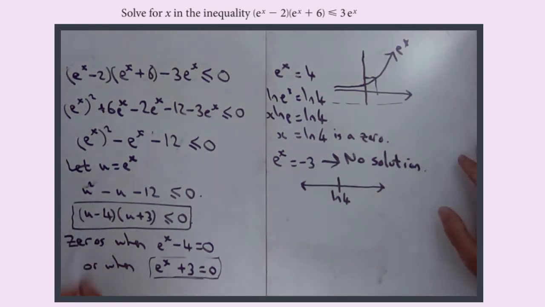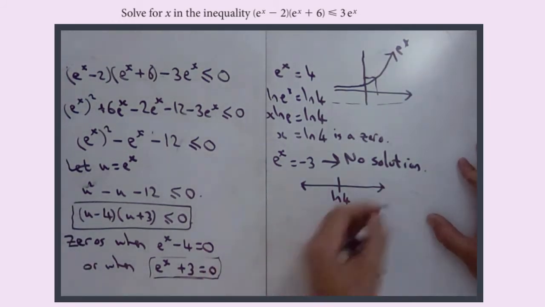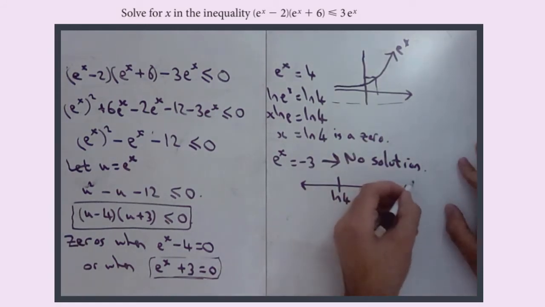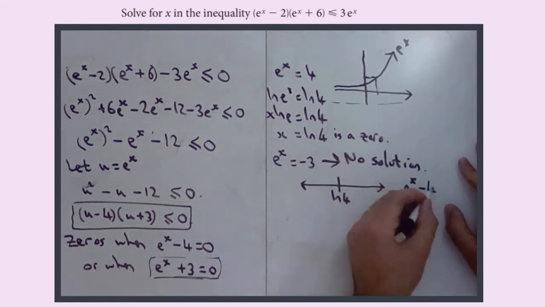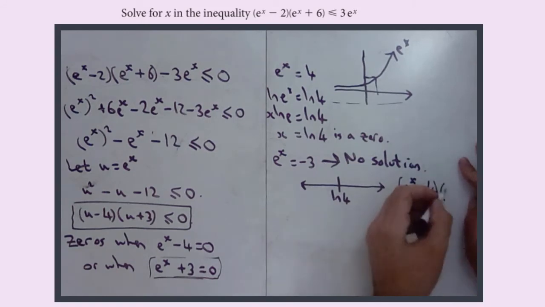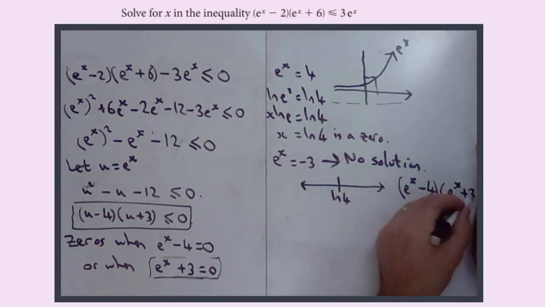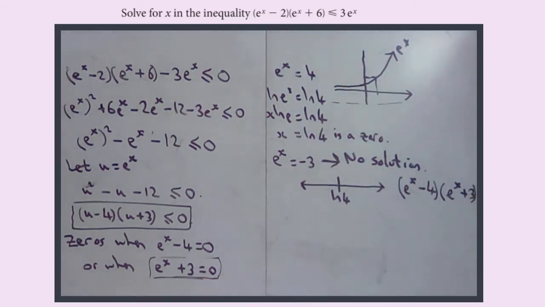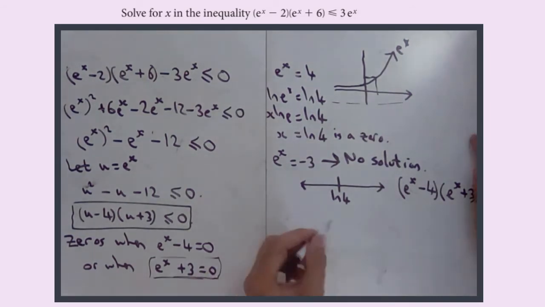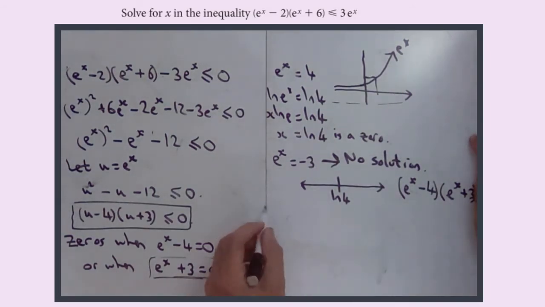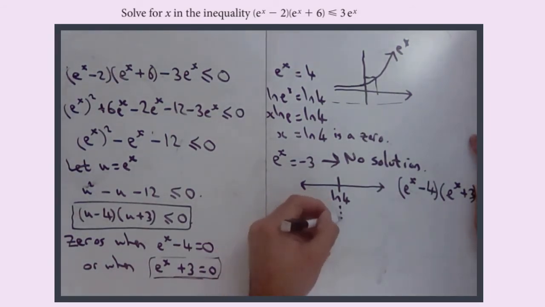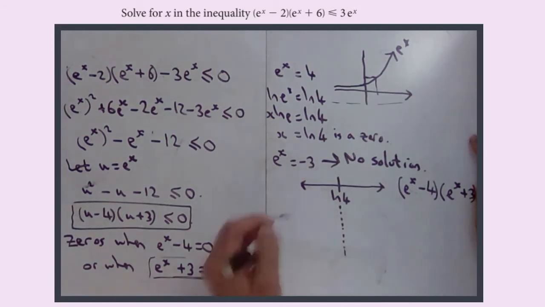Remember, u is e to the x. So we've got e to the x minus 4 and e to the x plus 3. We have done this before, so it shouldn't be too bad.